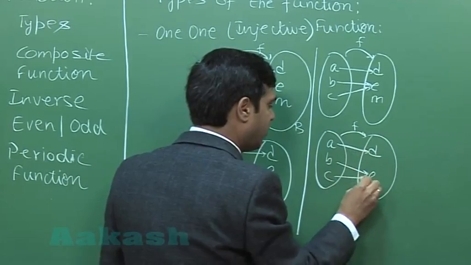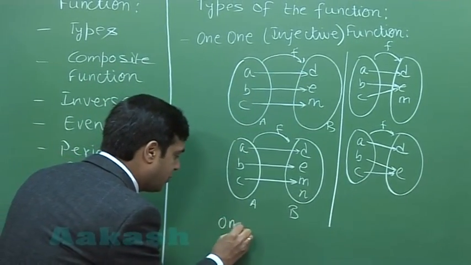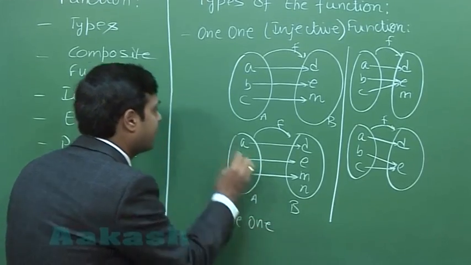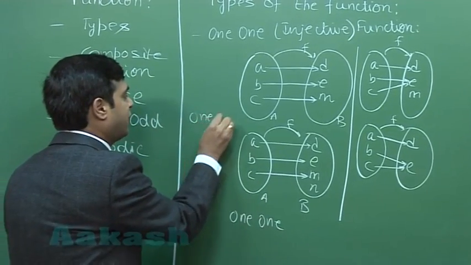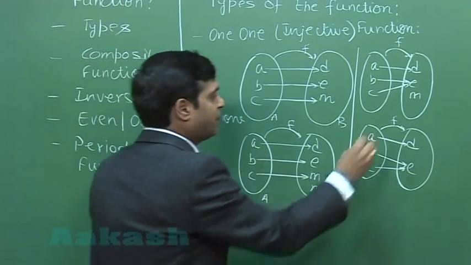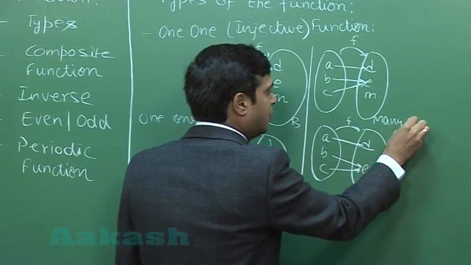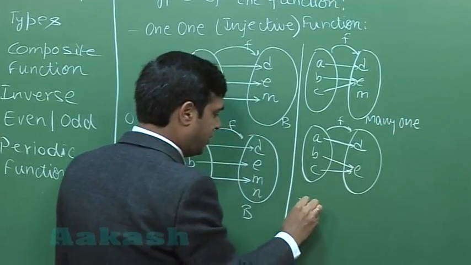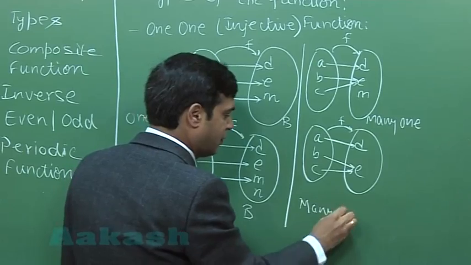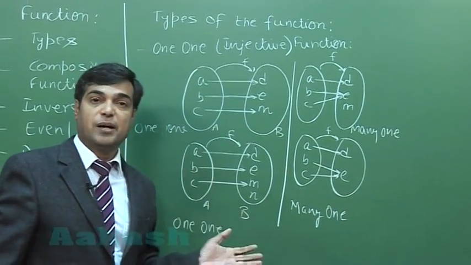Again, this one will be termed as many-one. So these are the two examples for one-one. This is one-one. This is one-one. Right? This third one is many-one. Similarly, the fourth one is many-one. Correct?